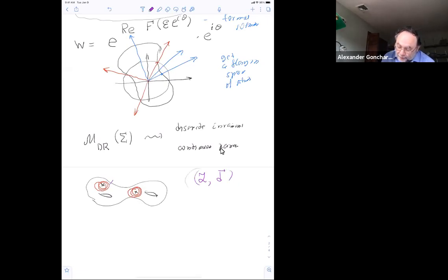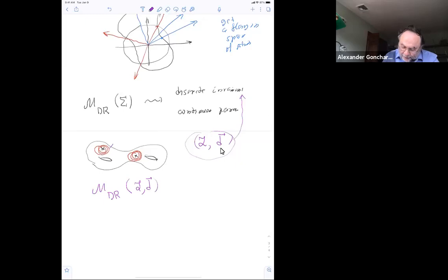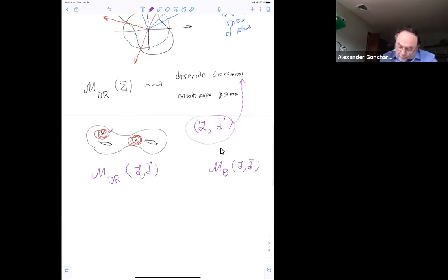So this is discrete data. And if you give yourself discrete data, then there are these de Rham and Betti stacks. The de Rham stack means all differential equations which have this prescribed data. And then there is some kind of moduli space of Stokes data, which I can denote this way. And each of them is fibered over the same space. So this is a kind of wild moduli space.